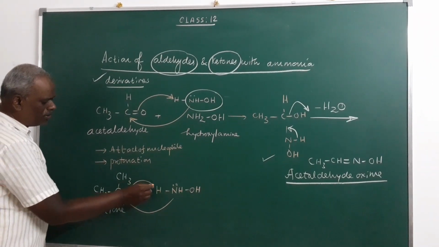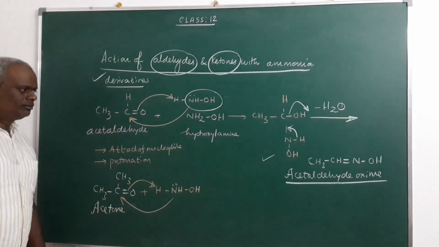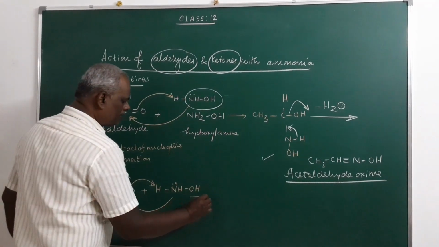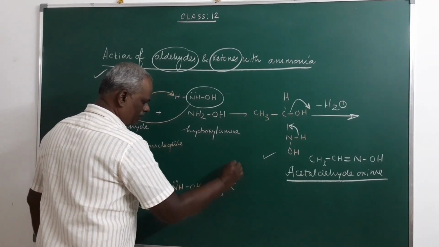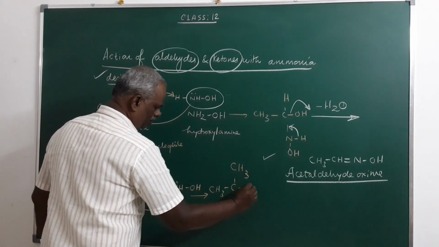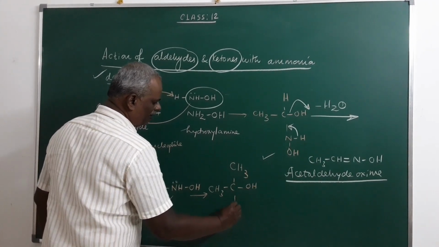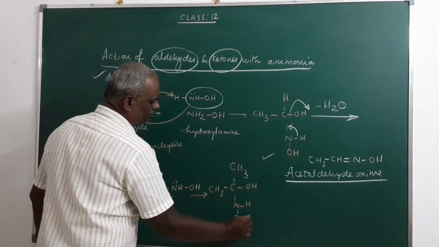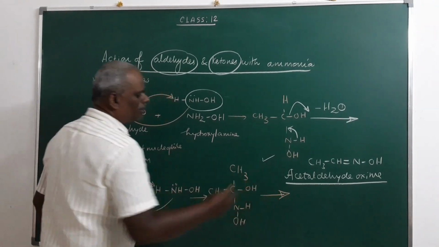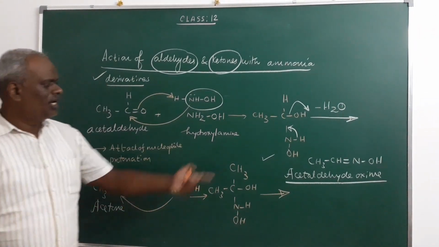The oxygen is bonded with the hydrogen. So the addition compound is formed as follows. We can have CH3 C CH3, it becomes OH, here I can write NH and OH, in the same manner as we discussed earlier.